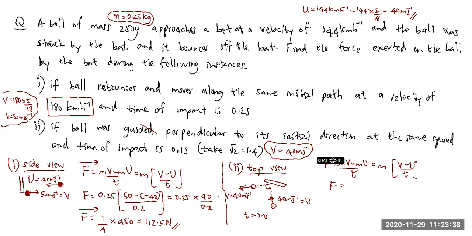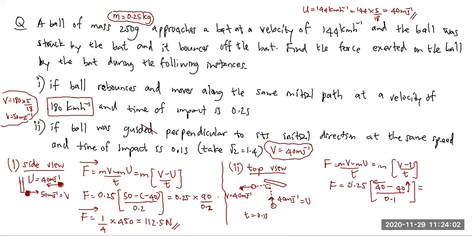F is equal to, for mass 0.25, and for u, okay, time, like for u, sorry, v is 40 in this direction, minus u is 40 upwards, divided by time, 0.1.